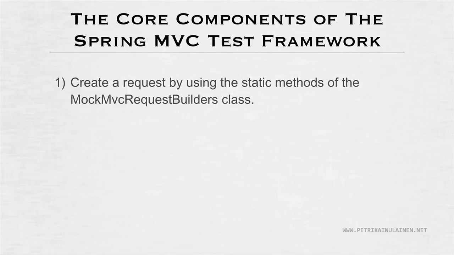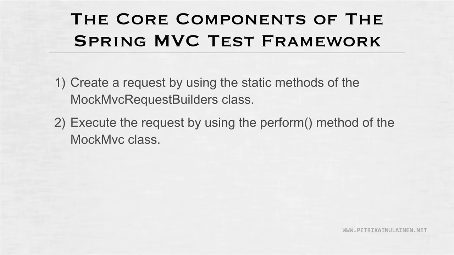We can build our requests by using the static methods of the MockMvcRequestBuilders class. These methods return request builder objects which are passed as a method parameter to the method which executes the actual request. The MockMvc class is the main entry point of our tests.